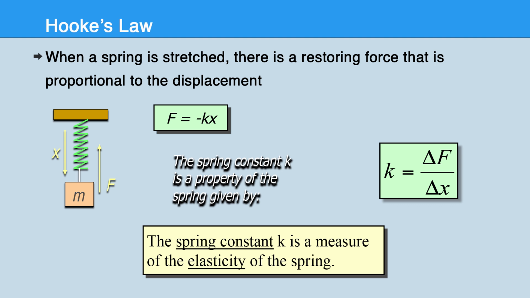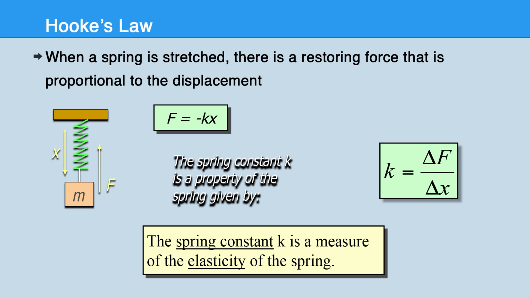The mathematical formula of Hooke's law is represented by F equals minus kx, where F is the restoring force, whose unit is the Newton, denoted by N. k is the spring constant, whose unit is Newton per meter, a measure of the stiffness of the spring. x is the displacement from the equilibrium position in meters.